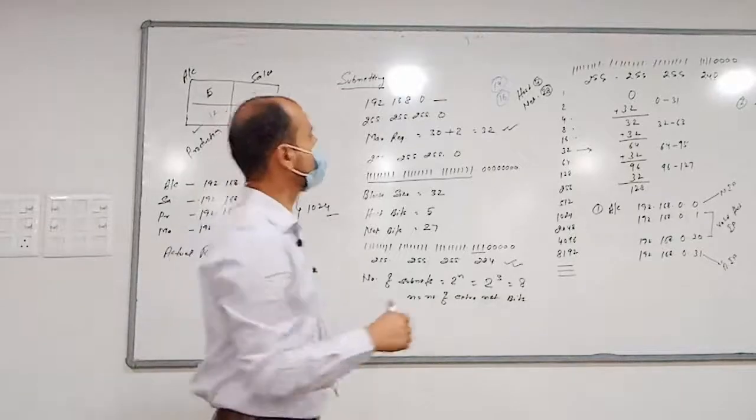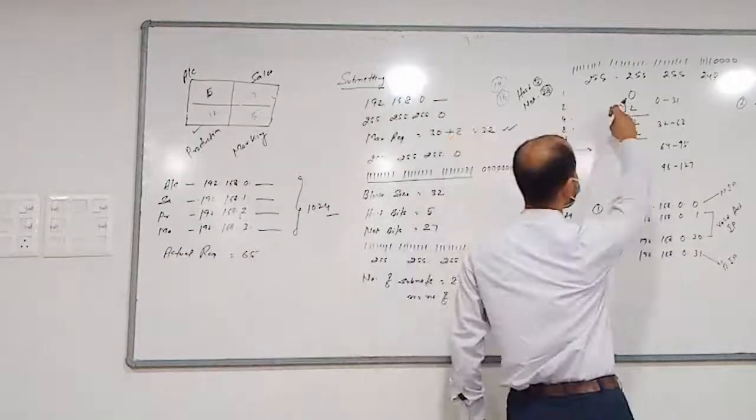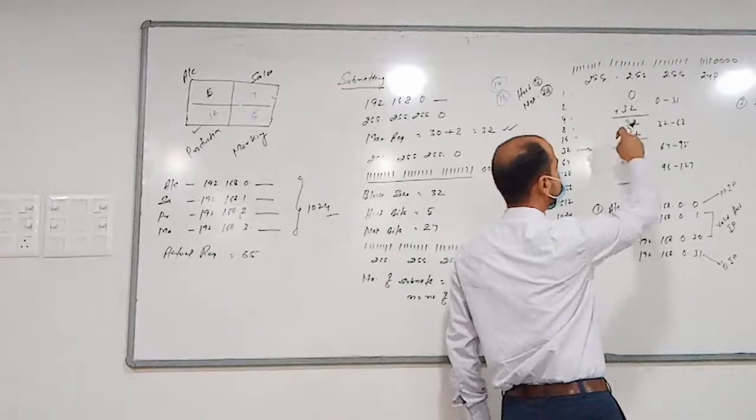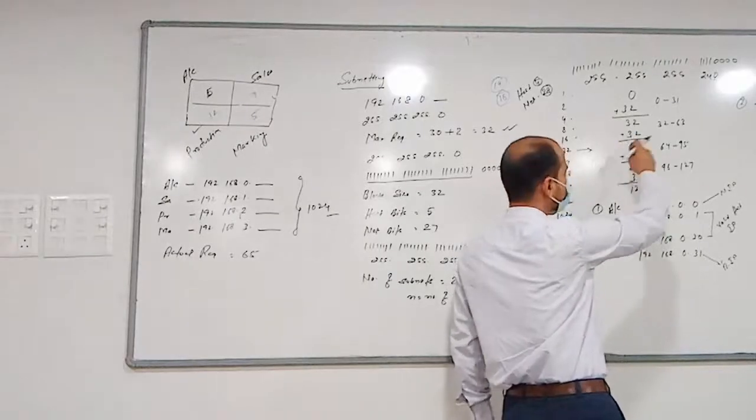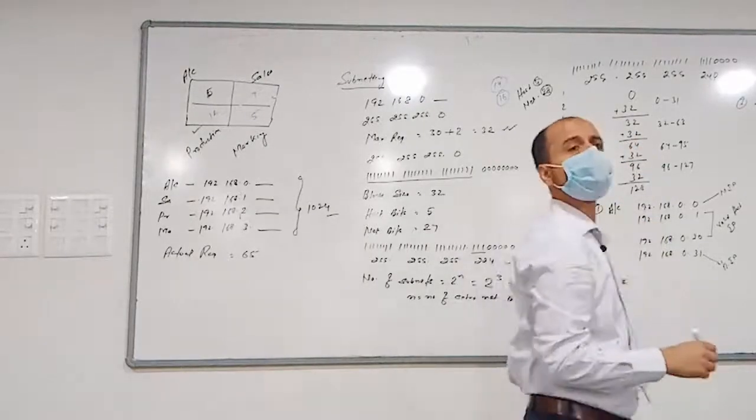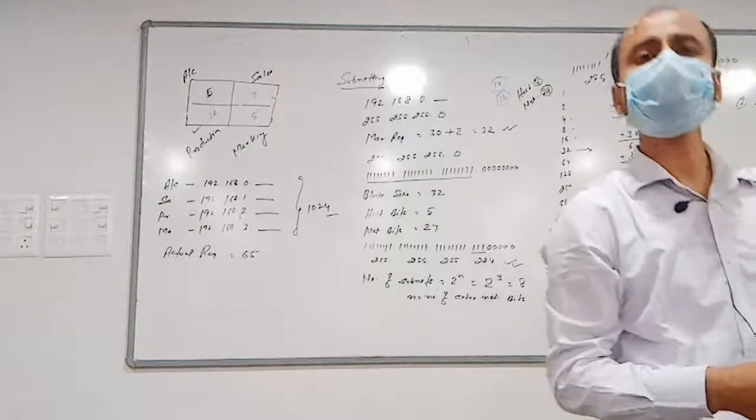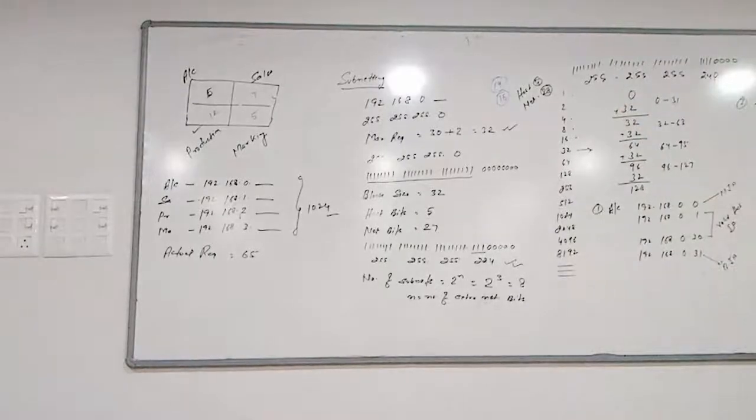Now we are using only 32 plus 32, 64 plus 32, 96 plus 32, 128. By using only 128 IP addresses, we have defined four different networks. Means we have reduced the wastage of IPv4 addresses. Is it correct? Yes, sir.